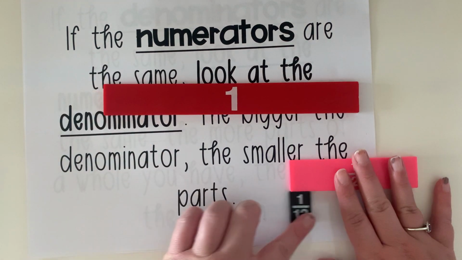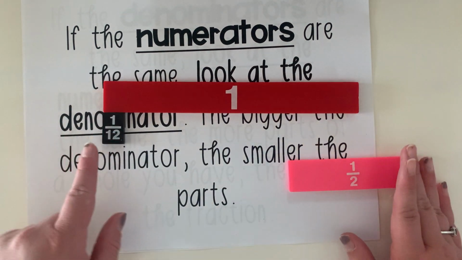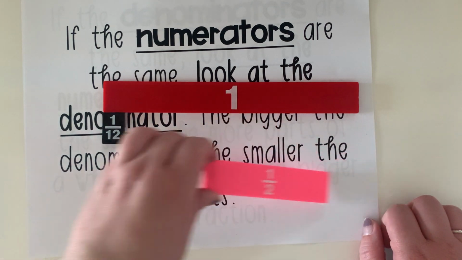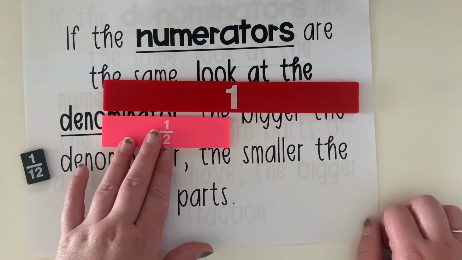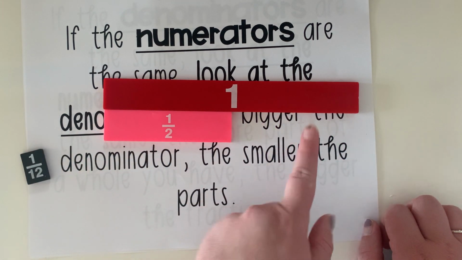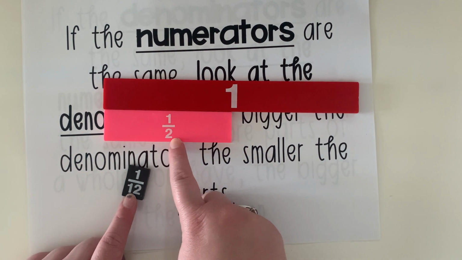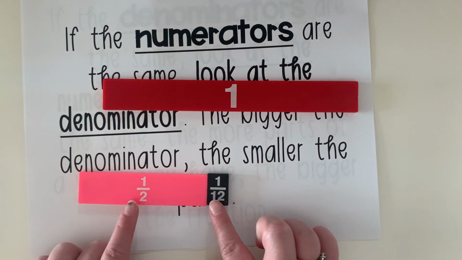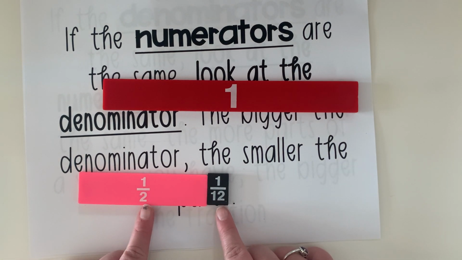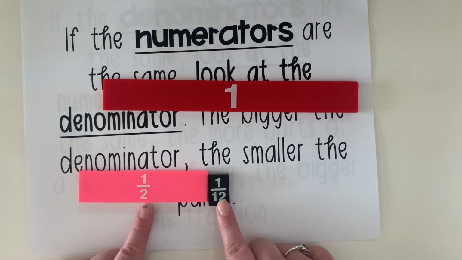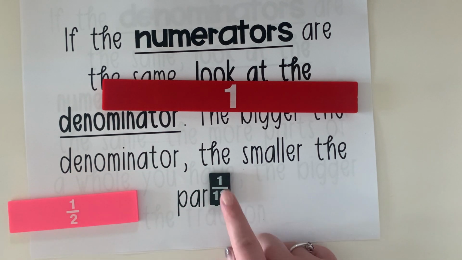So this whole has to get split into 12 pieces. Each piece is tinier because I need to fit 12 in there. But if I need to split it in half, I only have to split it into 2 pieces. So this one is greater than this one. So if we're looking at the bottom, the denominator, the smaller number is the bigger one. That's where it's confusing. So if I have 1/2 and 1/12, this one is greater than this one.